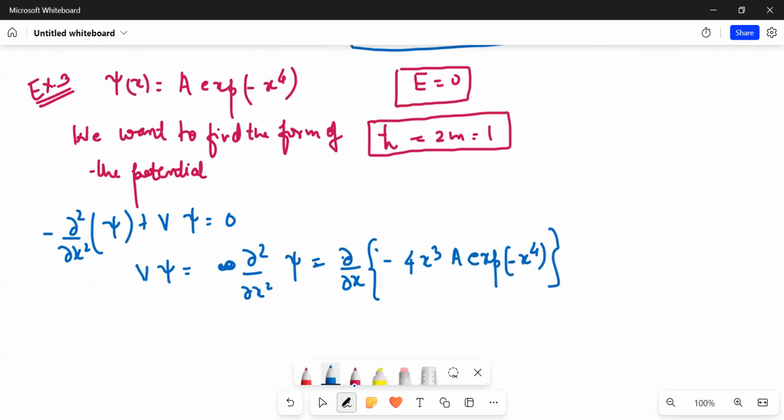Again take a derivative of the same. If I again take the derivative, what will I get? I'll get minus 12 x square, and having taken the derivative all over again, I will simply get 16 x raised to power 6.